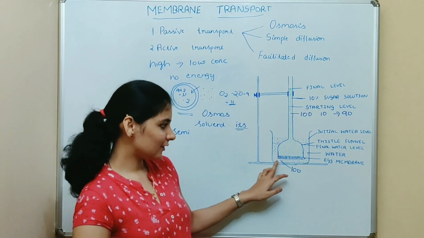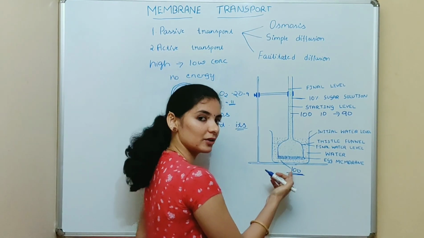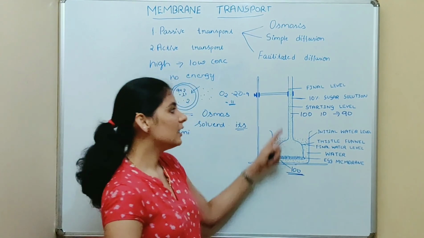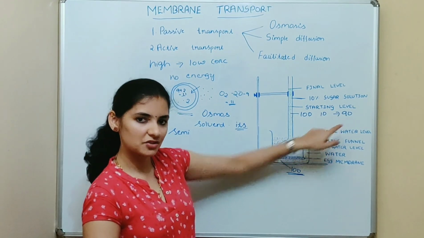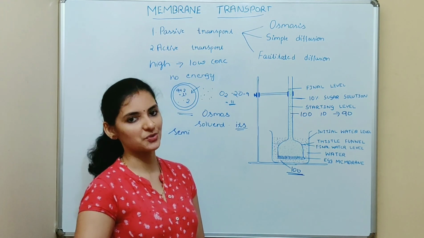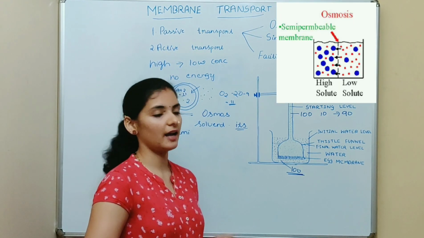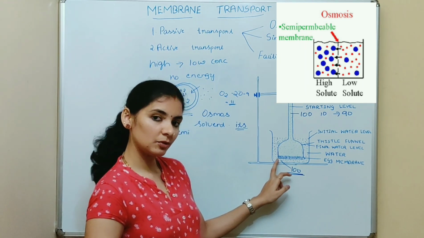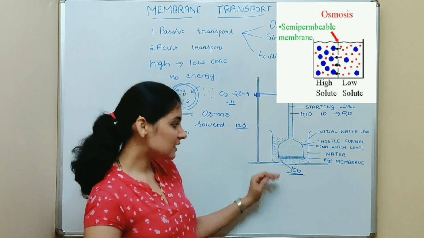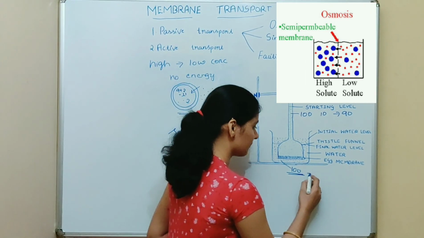So the movement of molecules from a region of their high concentration, so high concentration of water is present in the beaker, to a region of their low concentration across a semipermeable membrane is nothing but osmosis. From this experiment, osmosis can also be defined as the movement of water molecules from a region of less solute concentration, so how many solutes are present in this? 0.